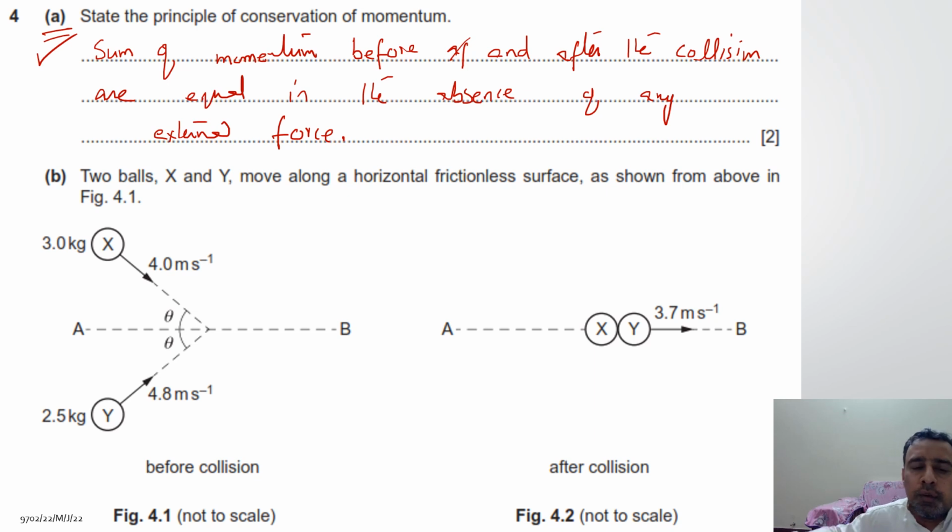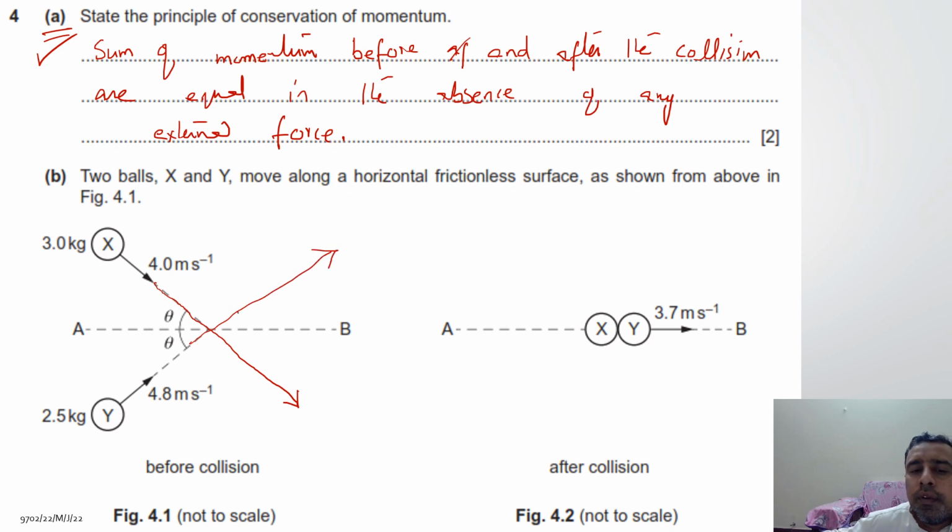So moving towards this part, here we have the two balls x and y moving along a horizontal surface as shown over there. If we have to draw the vectors, the vector is like this one, and for this the vector is in this way.